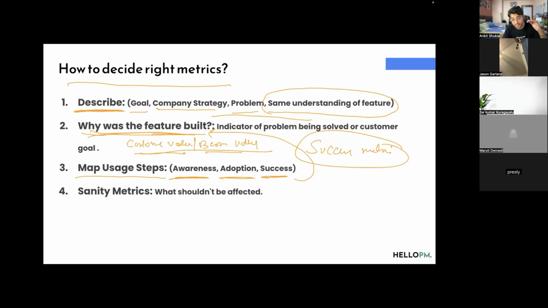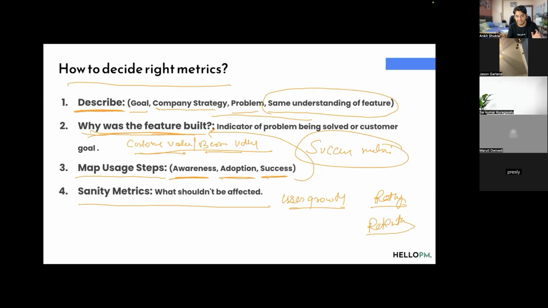And the fourth part, which is also optional, is sanity metric. Sanity metric means that in the pursuit of one metric, you should not deteriorate the other metric. It often happens that if people are focusing on user growth, the ratings of the app go down or the retention of the product goes down.